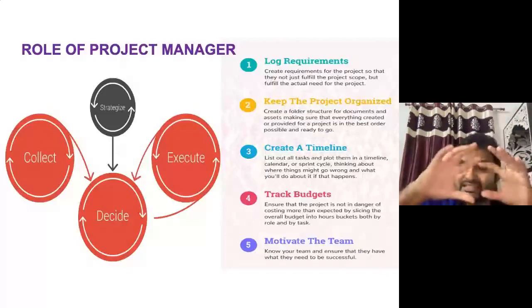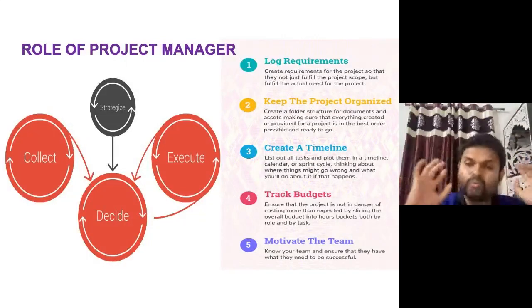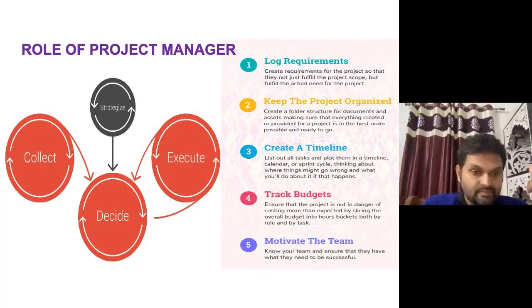So this is how the whole of project management has been divided into knowledge areas. Even if some of you may be preparing for the PMP exam, you may expect questions from this.